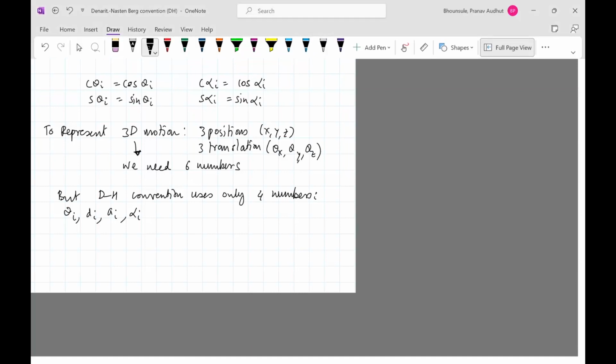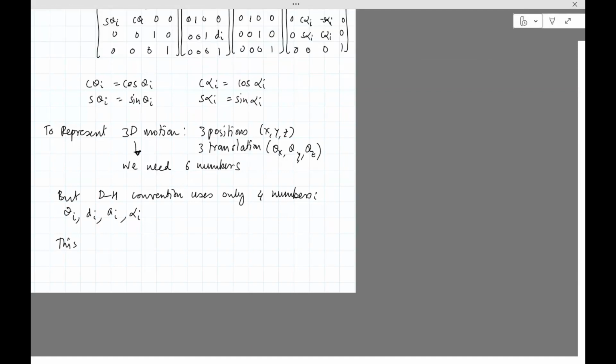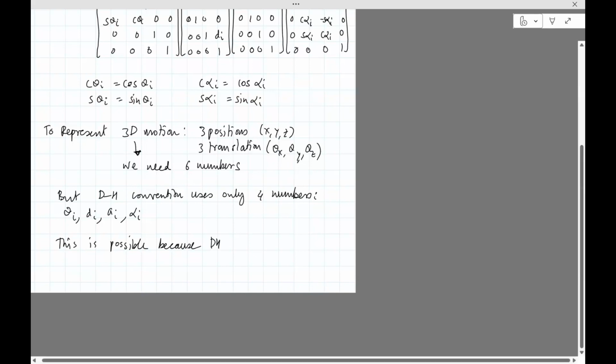This is possible because DH uses a special way to define the axis of the links.